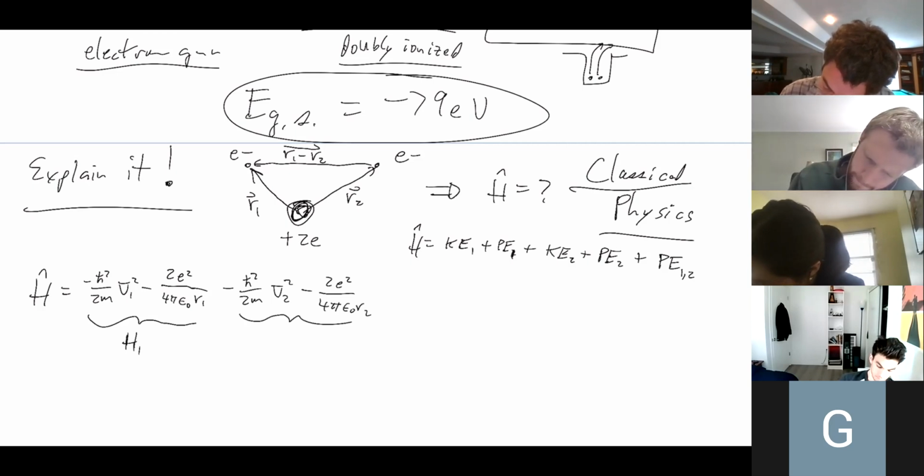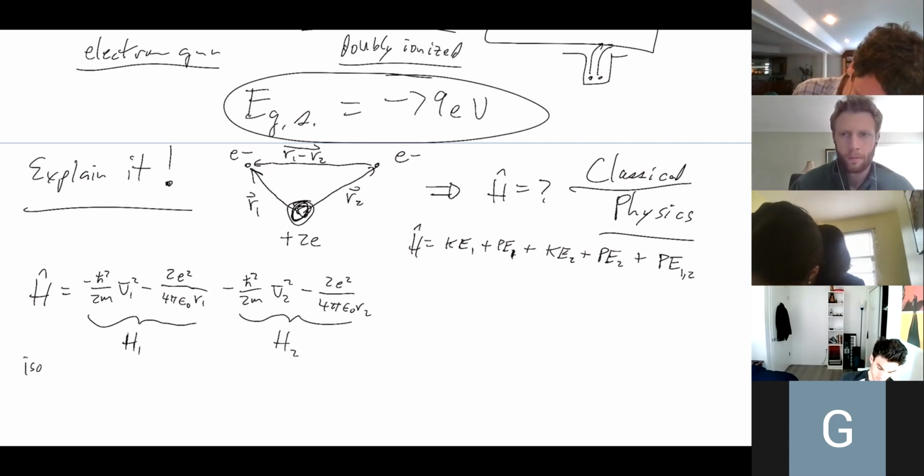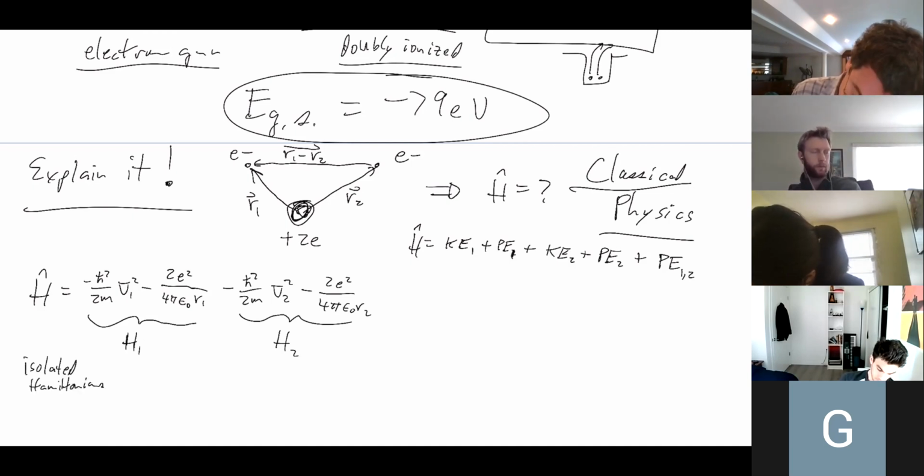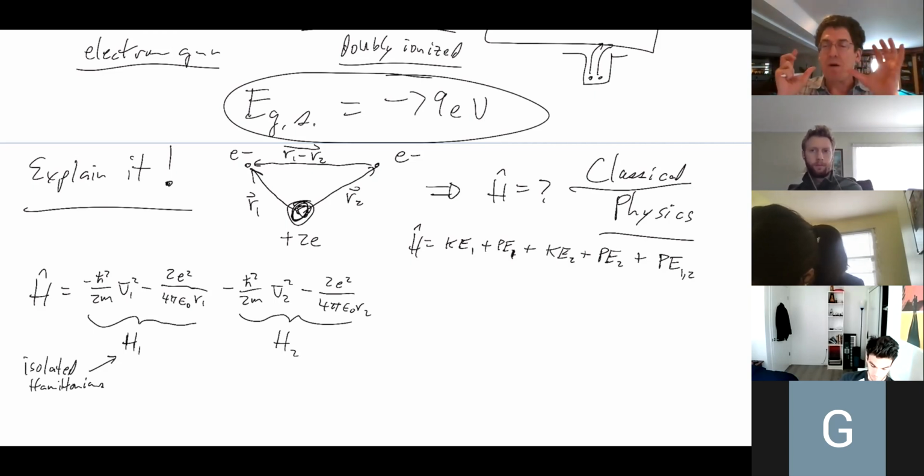That's the Hamiltonian for particle 2. These are the isolated Hamiltonians, meaning that's the Hamiltonian if I just had that particle on its own without the other particle. It's just a nomenclature I'm using.